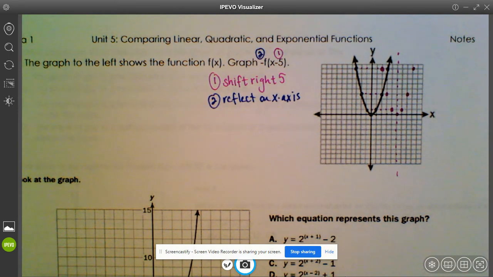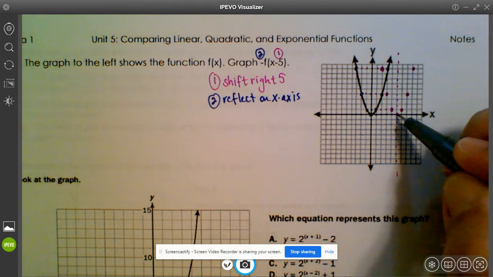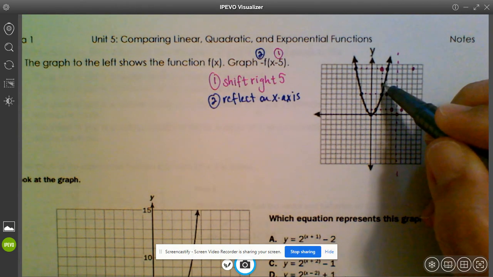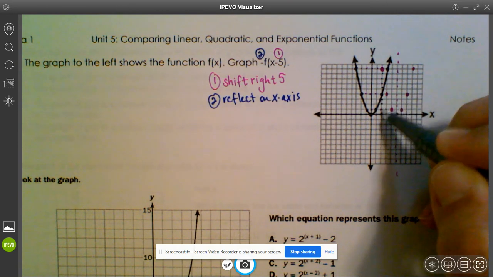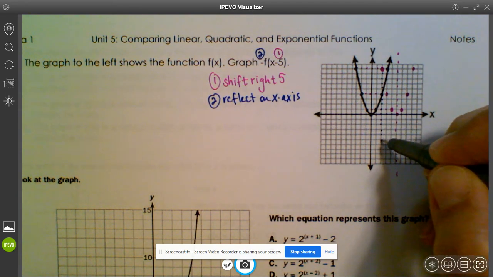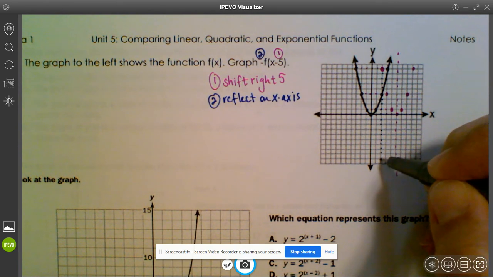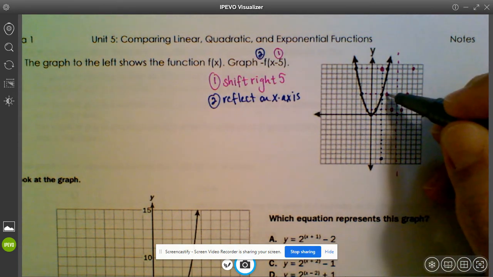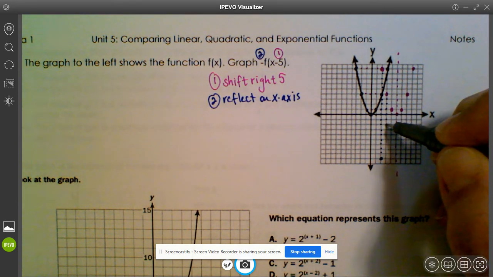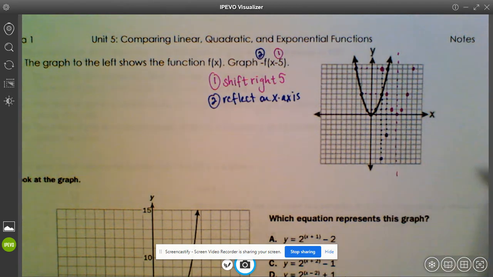So that's the initial step in graphing this. And then our final step is to reflect on the x-axis. So this point, instead of being 9 units above the x-axis, it will be 1, 2, 3, 4, 5, 6, 7, 8, 9 units below. This point is 4 units above, so it reflects 4 units below.